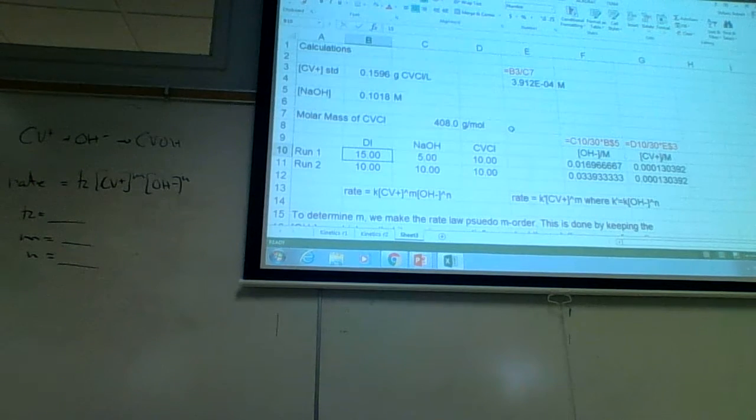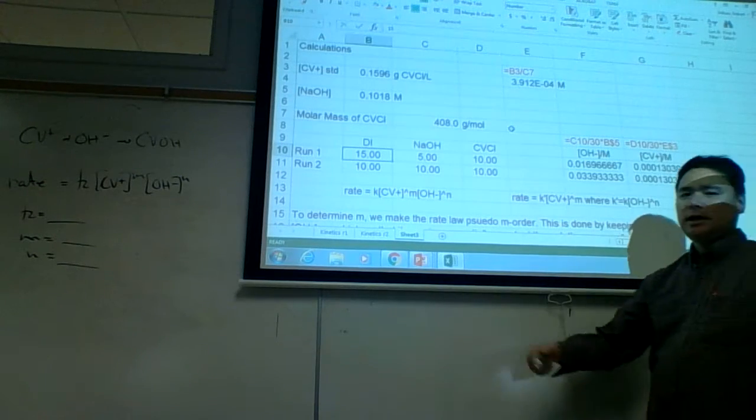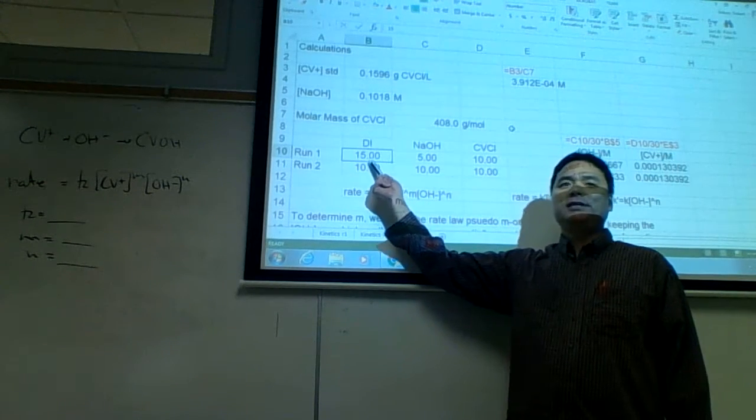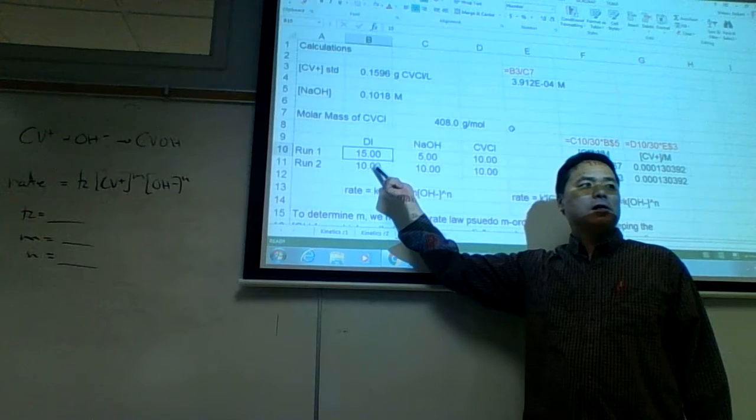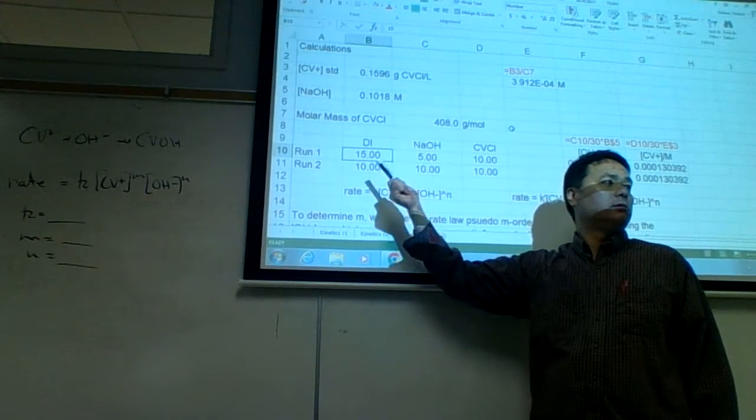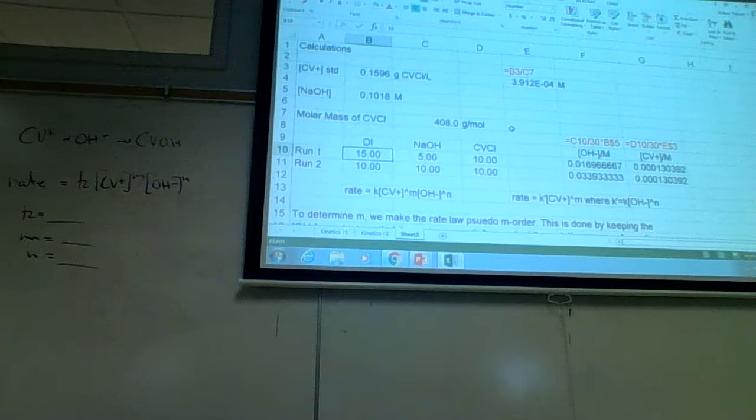So in run 1, what was the volume of deionized water we used? Here, I have 15 here, but that's wrong. We did 10, 10, and 10.